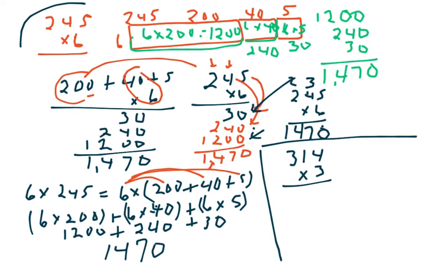I'm going to use this method of partial sums. I'm going to multiply 3 times 4 and get 12. Okay? Now, I got to think this one here is 10. So 3 times 10 is 30. That's the next one. It's not 3, it's 30 because it's in the tens place.